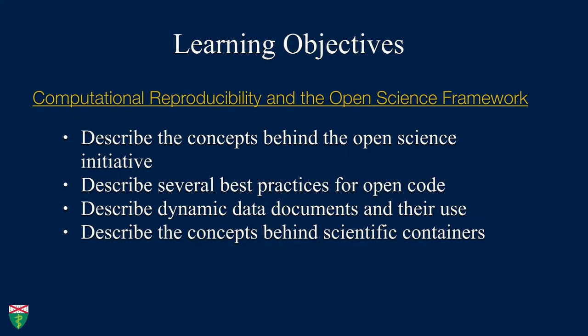Around the same time that all of this was coming out, there was a lot of initial discussion, and it's ongoing, and a lot of development in this idea about computational reproducibility and an open science framework, and that's what we're going to talk briefly about today. We're going to describe some of the concepts behind open science. We're going to describe just a few best practices for open code, and I don't expect anybody to become a coder.